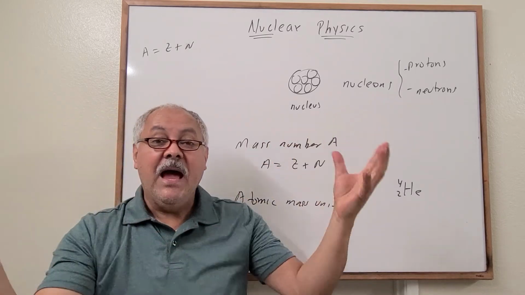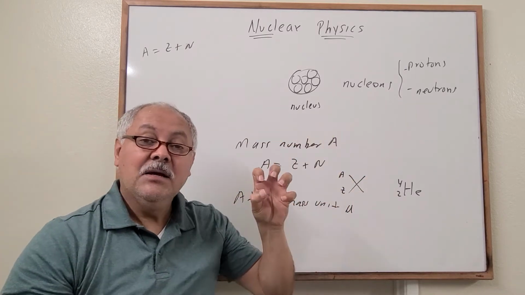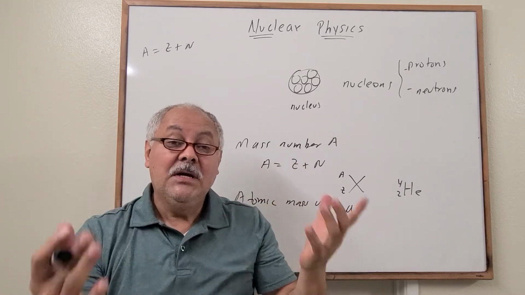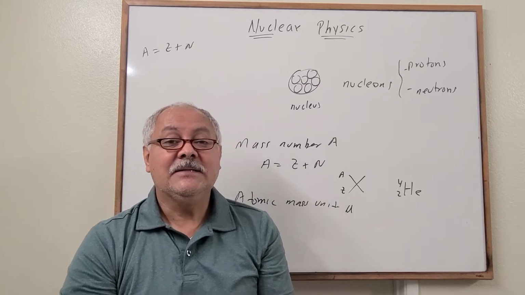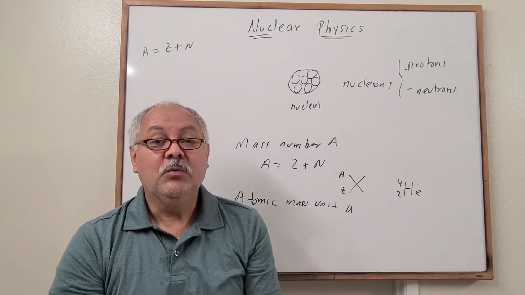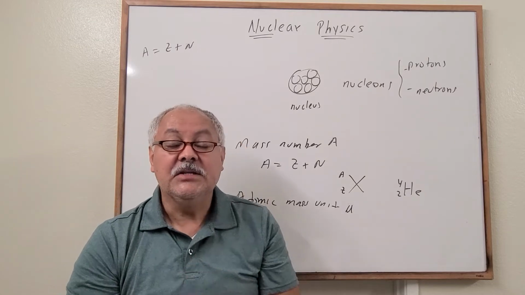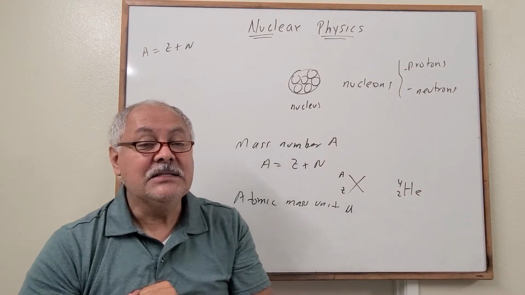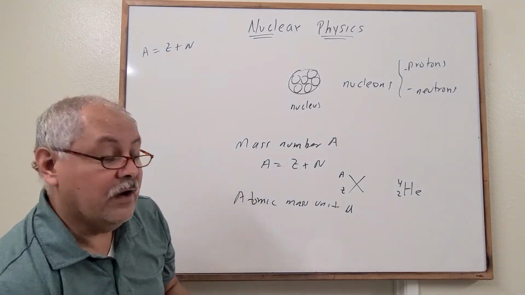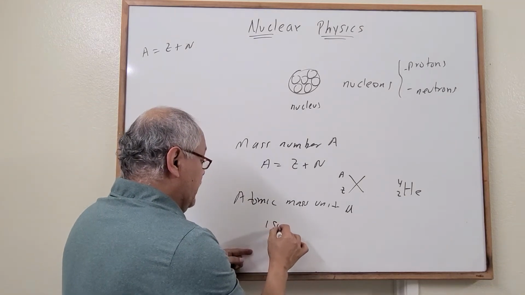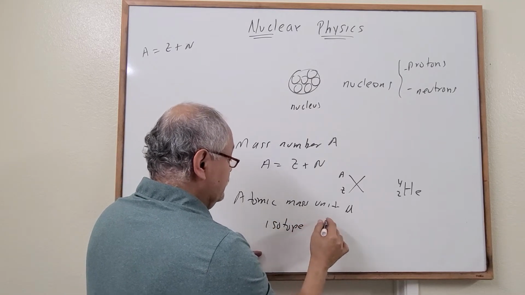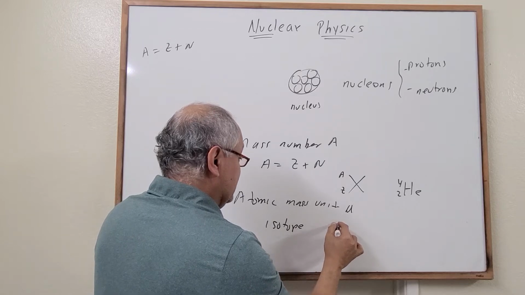We have the atoms, right? We pick one atom to be the unit, but because most of the atoms have isotopes, we have to be more specific in this case. So the atomic mass unit is taken as the isotope of carbon-12, right?